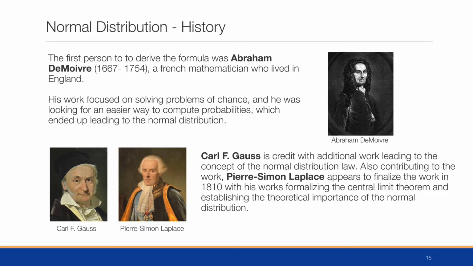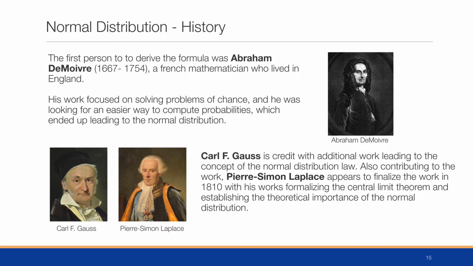Carl Gauss is credited with additional work leading to the concept of the normal distribution law, and also contributing to this work was Pierre-Simon Laplace, who appeared to finalize the work in 1810 with the work formalizing the central limit theorem around this and establishing the theoretical importance of the normal distribution. So these are the three people who are probably most influential in creating this normal distribution and providing you with the information on what you need to know about your grades and the average.